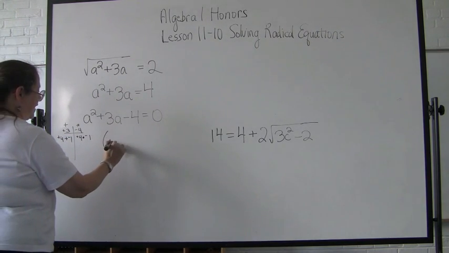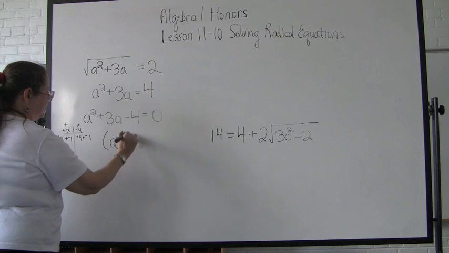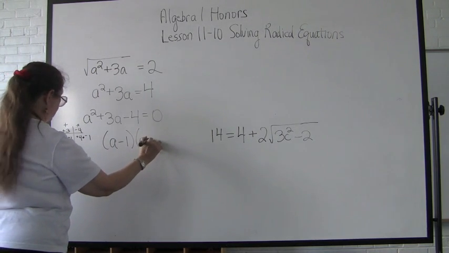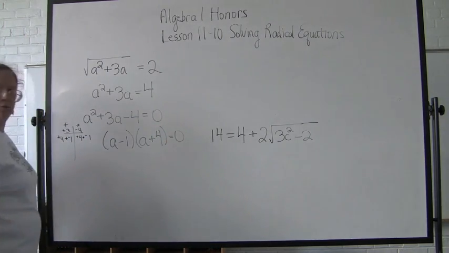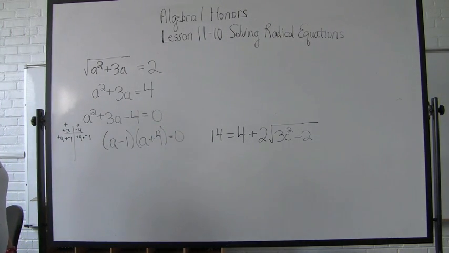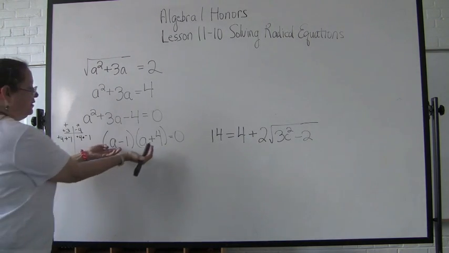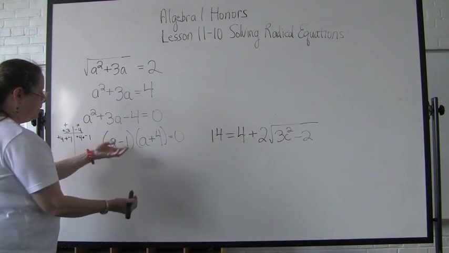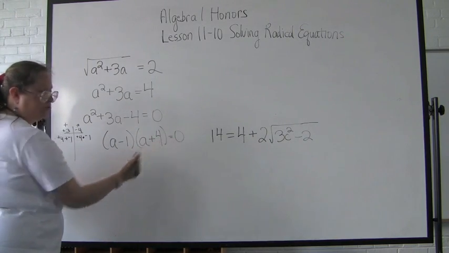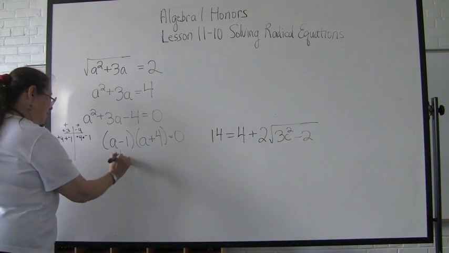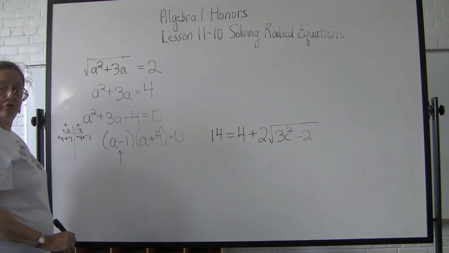So this is going to factor into (a - 1) times (a + 4) equals 0. Now, I'm going to have two answers because I have two things multiplied together here. This one can be 0, or this one can be 0. What makes a - 1 equal to 0?